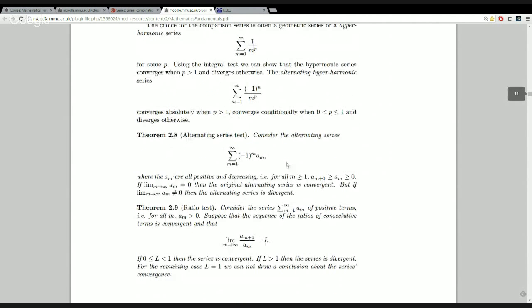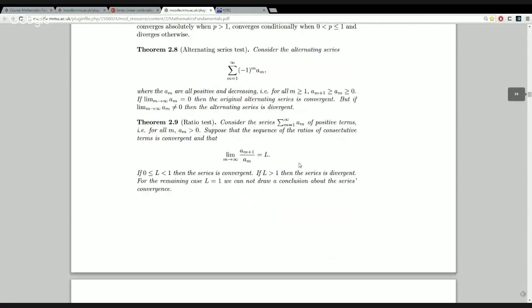Then there are further tests. Alternating series tests apply to series which have alternating positive and negative terms. And finally, there's a nice one, the ratio test, which allows you to detect series that are nearly geometric, or approximately geometric, and therefore allows you to draw similar conclusions about their convergence or divergence.